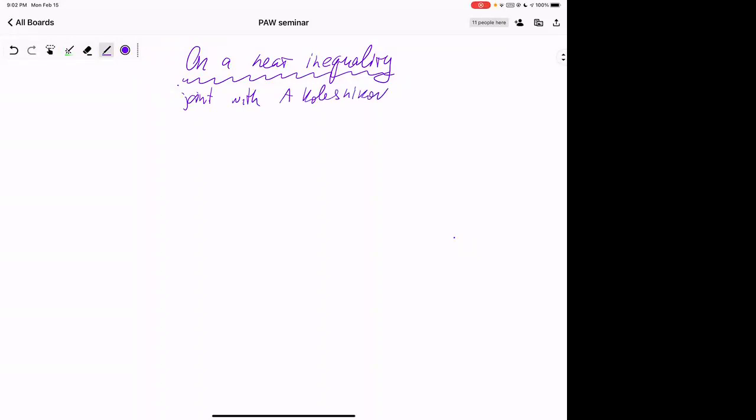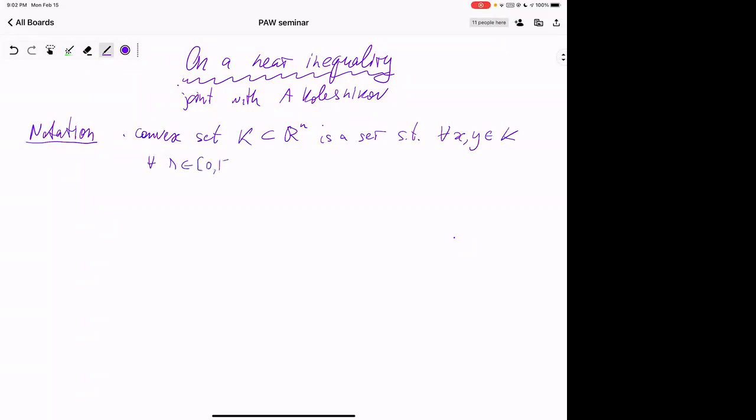Let me mention just very briefly a little bit of notation, and then I will introduce a bit more as I go. So a convex set K in R^n is a set such that for any pair of points and for any number between 0 and 1, we have this convex combination in the set, right?